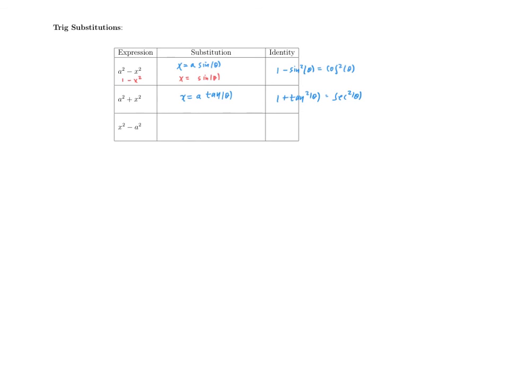And finally, if your integrand contains the expression x squared minus a squared, that will prompt us to make the trig substitution x equals a secant theta, and use the resulting identity secant squared theta minus 1 is tangent squared.